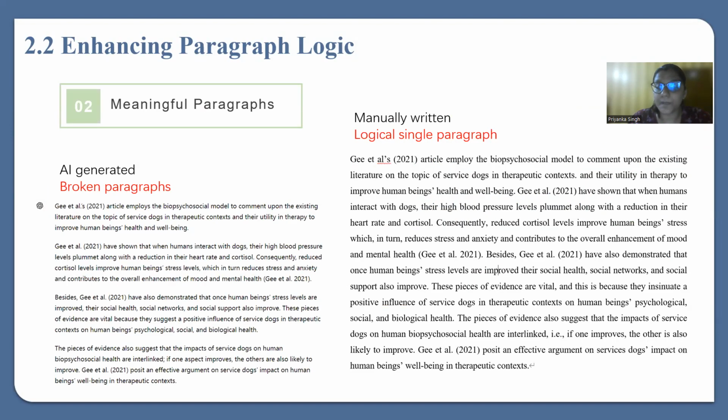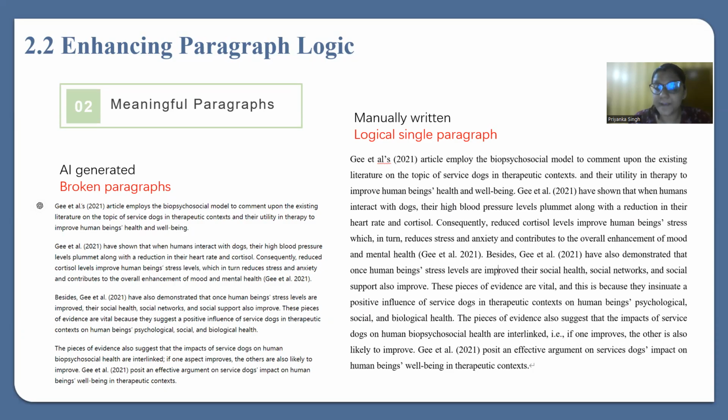Now, let's talk about creating meaningful paragraphs. For example, as you can see on the screen, the AI-generated paragraph on the left breaks the content into fragmented pieces, making it hard to follow.